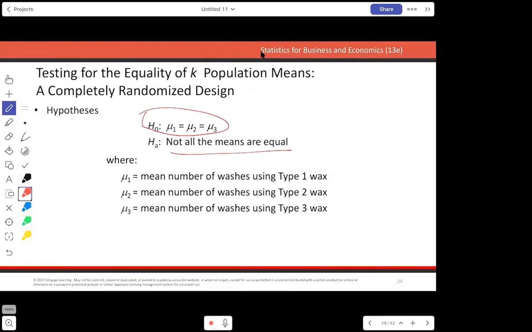At least one of them is different, or they're not all the same. The measure is the number of washes before the wax wears off, I guess. So the mean number of washes using type 1 wax, type 2, type 3, etc. Is there a difference between those means?